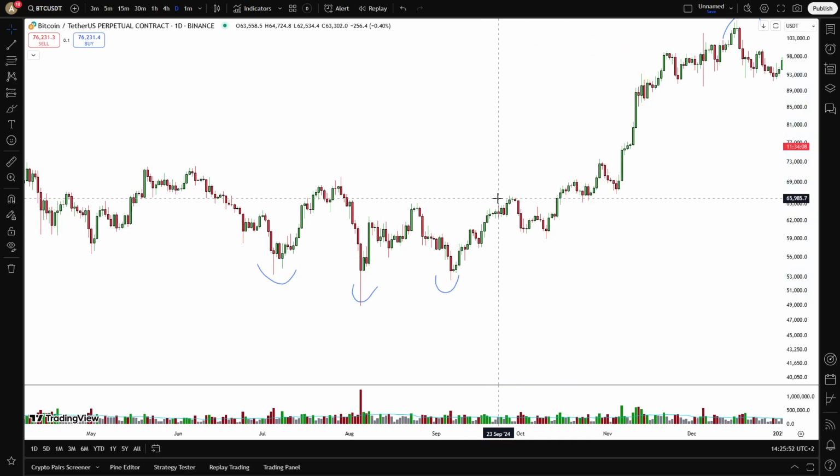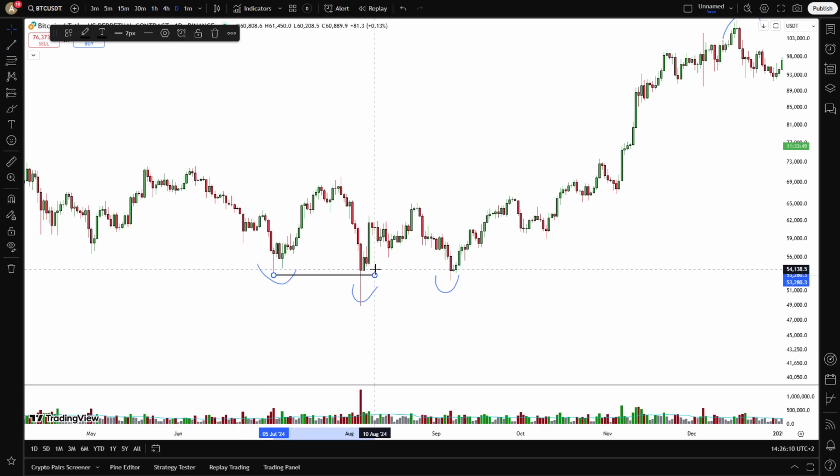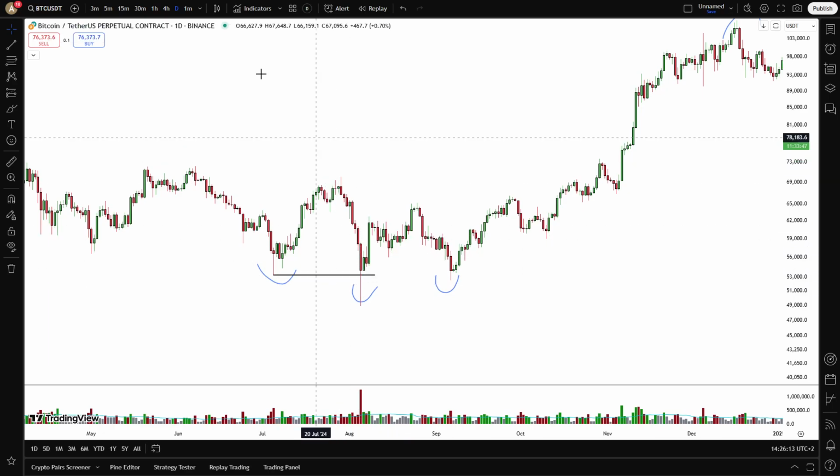Okay, but then you ask the question, how do we catch this low then? Well, it depends a little bit on the way that the sweep was made. Because let's just put the line here to show the wick and the sweep. Okay?